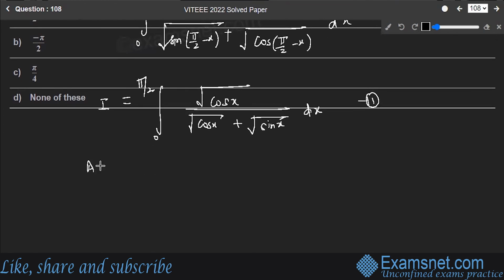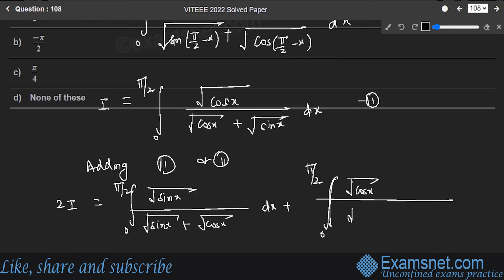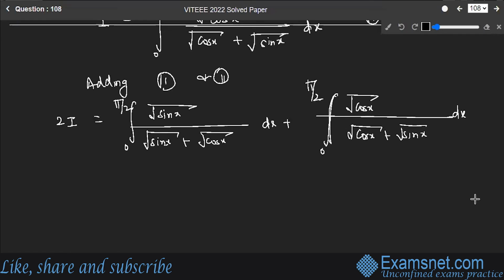Adding 1 and 2, you can say 2I is equal to the integral from 0 to pi by 2 of this dx plus the integral from 0 to pi by 2 of this. I'm now adding both of them, so the integrals, I'm concatenating them.